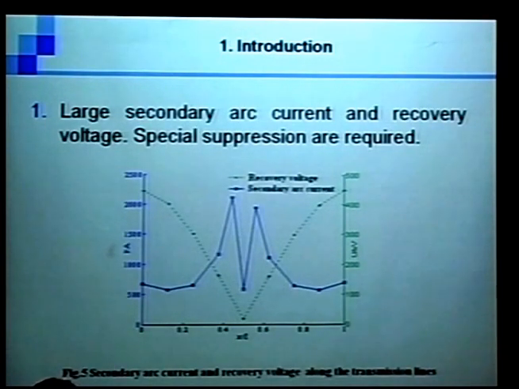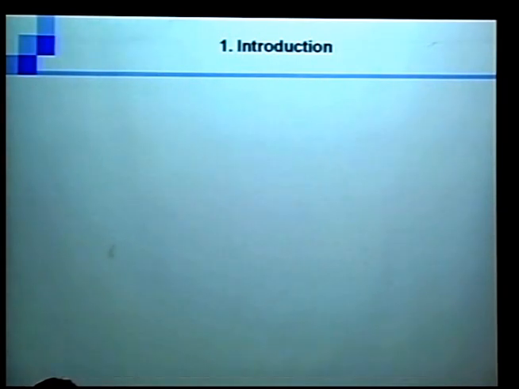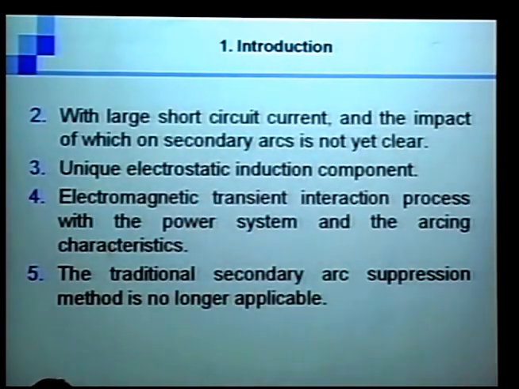Otherwise, the arc will not be extinguished. And also, the short circuit current is very large. It will have some impacts on the secondary arcs, and the maximum is not yet clear enough at the moment.